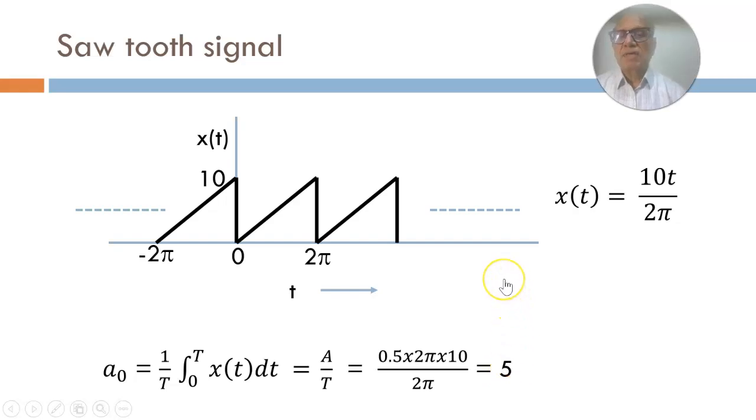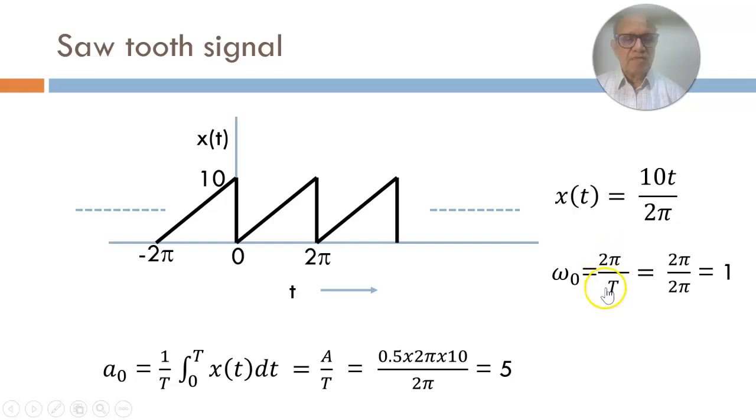Next, we want to calculate the fundamental component, second harmonic, etc. That means what is the amplitude of the fundamental, what is the phase of the fundamental, etc. That is the frequency spectrum, so we want to calculate that. First of all, let us see what is our omega naught, the fundamental frequency in radians per second.